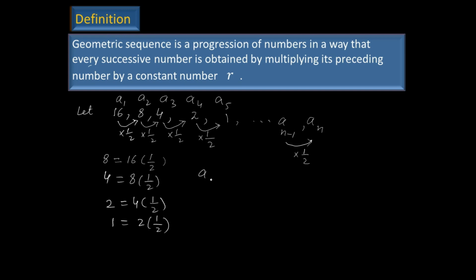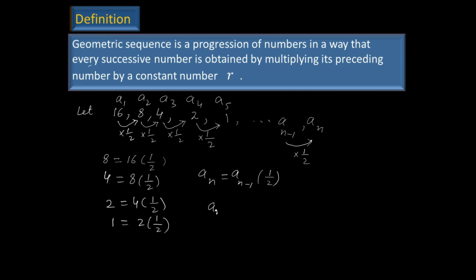This means an is obtained by multiplying an minus 1 with 1 by 2, and this is the recursive formula for this geometric sequence, where 1 by 2 is r.